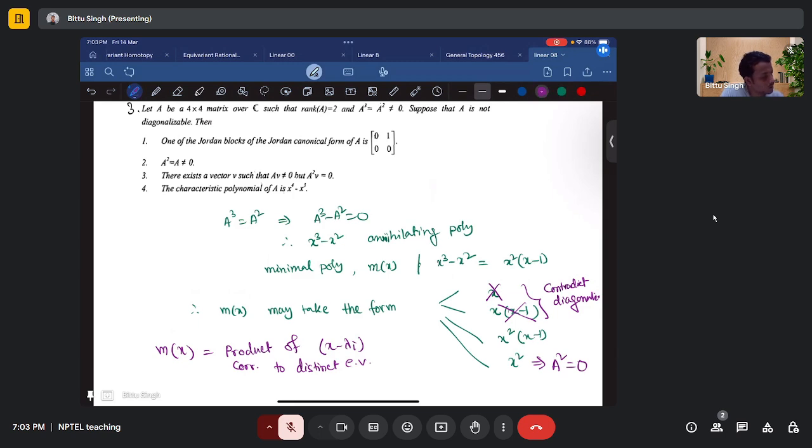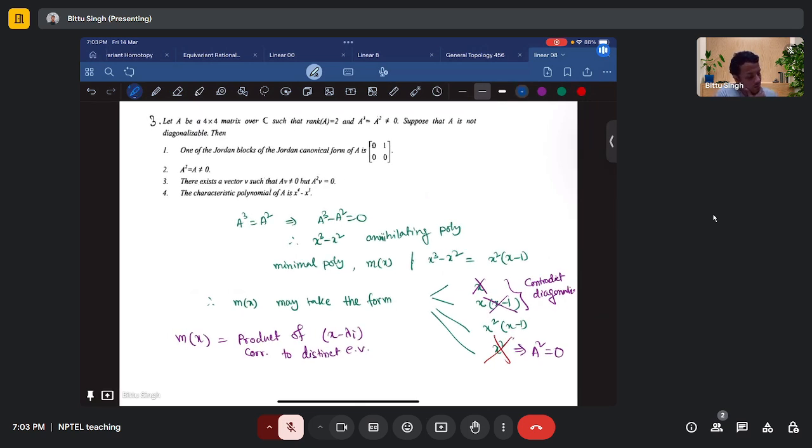This is also contradicting. So cancel this. Therefore, mx is uniquely determined, and mx takes this form x squared times x minus 1, because of A square non-zero, it is given.